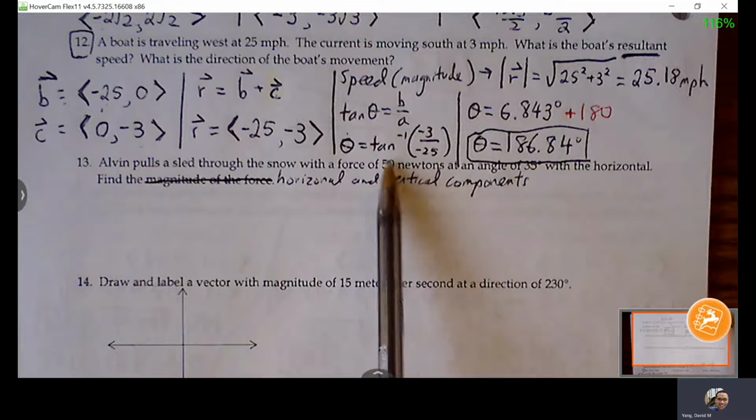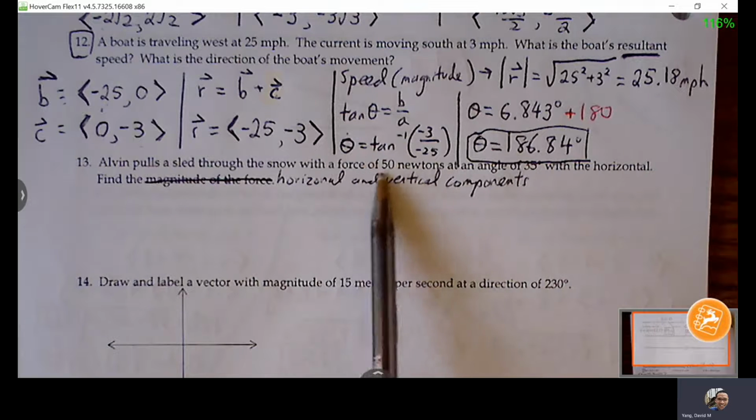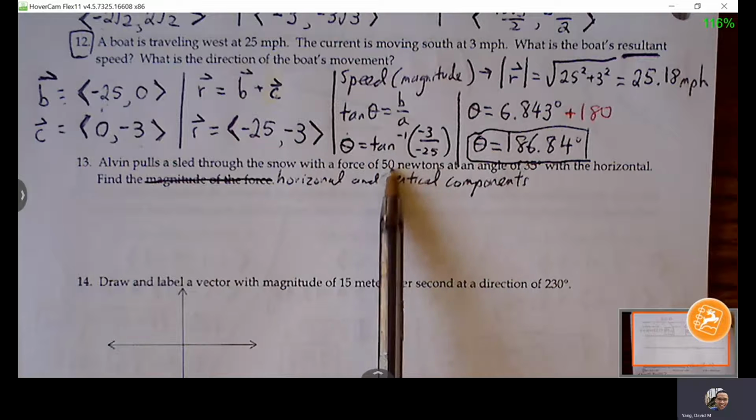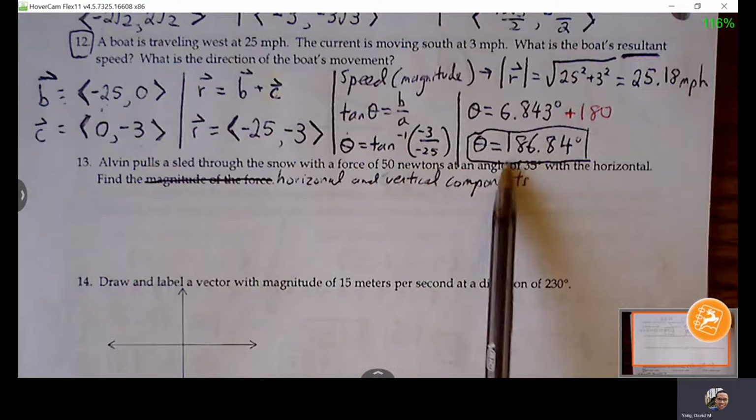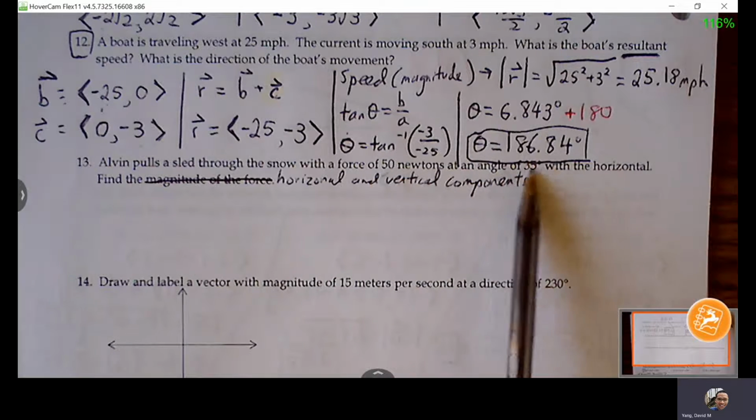So this is basically your force. That's your resultant, your magnitude, basically. That's the hypotenuse. And then this is basically your angle measure.